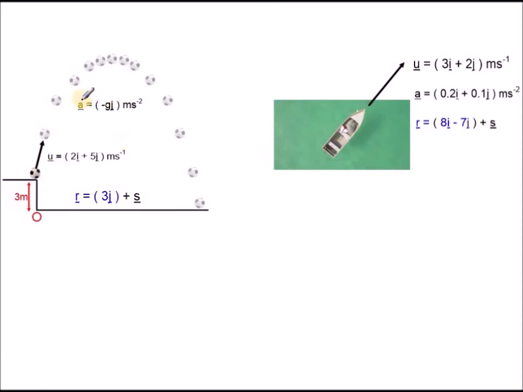The acceleration is based on gravity and it's a constant, so we can use the vector form of the SUVAT formulae. The boat is given its initial velocity in vector form. The acceleration is given in vector form. Its position vector relative to some origin is equal to the initial position here, plus a displacement from that initial position.